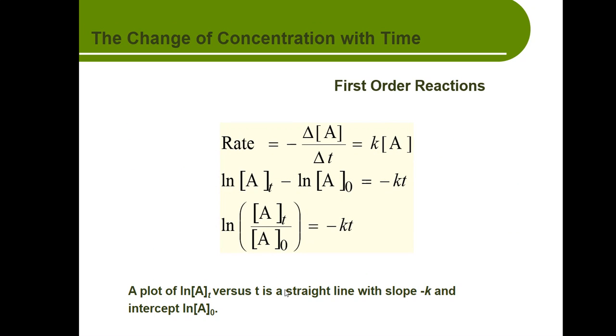Now, let's go to specific reactions. When we speak of first order reactions, I'd like to go straight to the formula that you will use. The formula would be ln of the final concentration of A over the initial concentration of A being equal to negative kt.